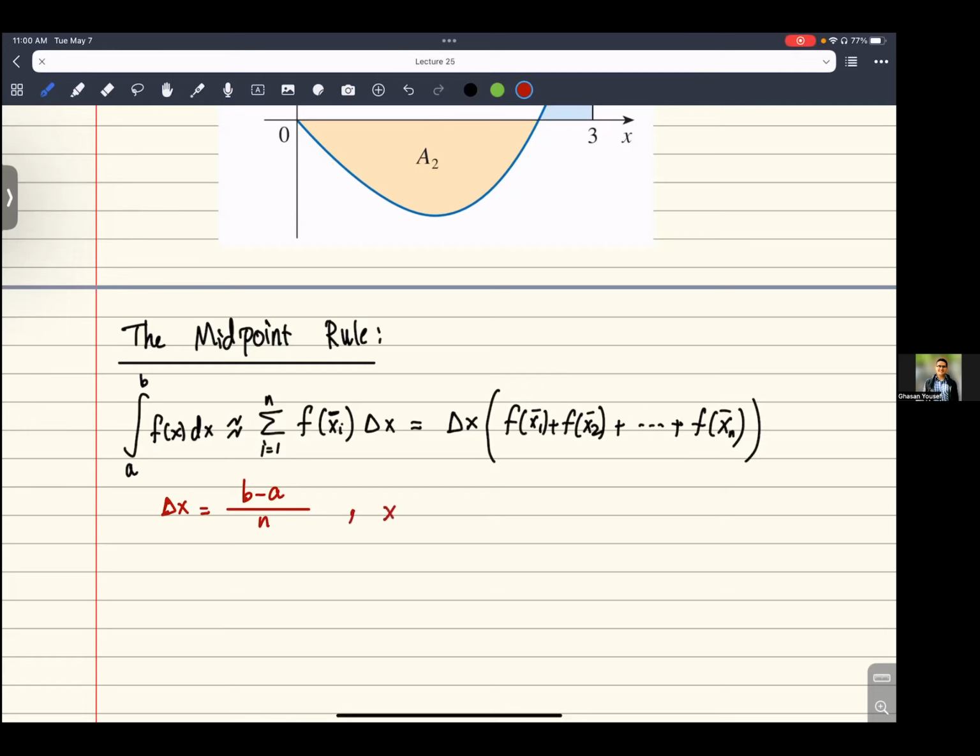And xi bar, the midpoint, is the same as xi minus 1 plus xi, over 2. Okay, I'm going to clean this up. So it's exactly the same as before, but instead of using the endpoints, we're going to use the midpoints.